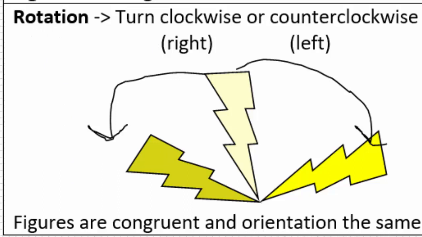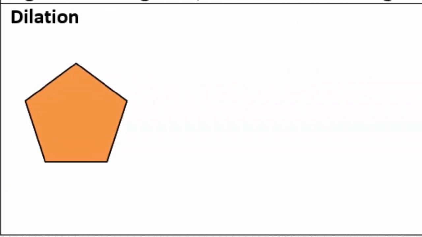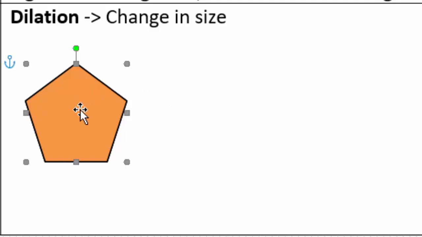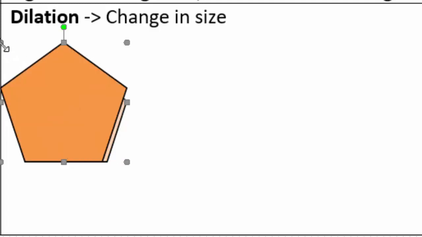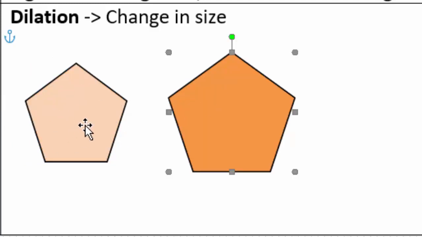Lastly, let's take a look at dilations. A dilation takes a figure and changes it in size. So we might take this orange original pentagon here, and we could shrink it down and make it smaller, or we could enlarge it to make a bigger version of our original figure.